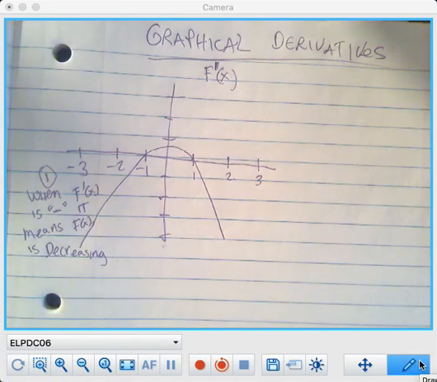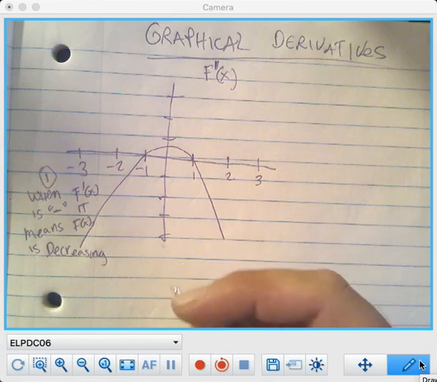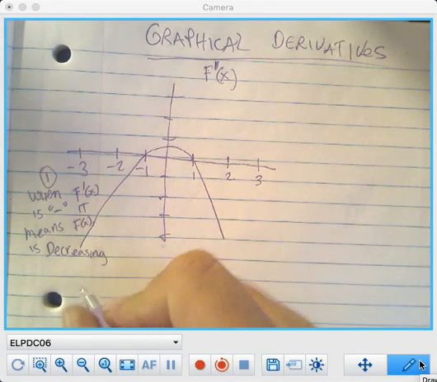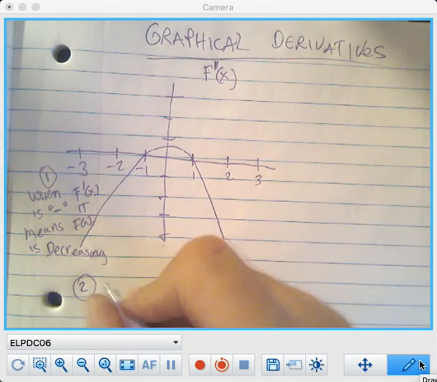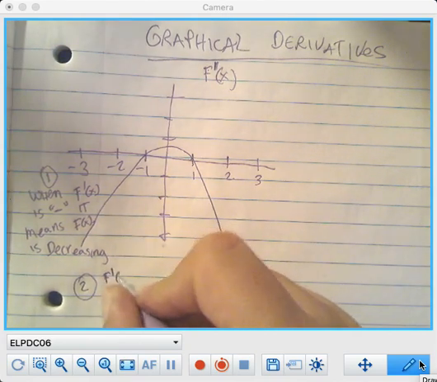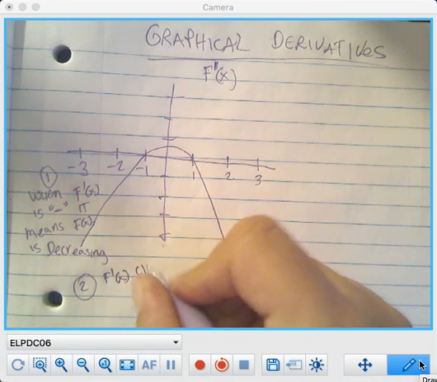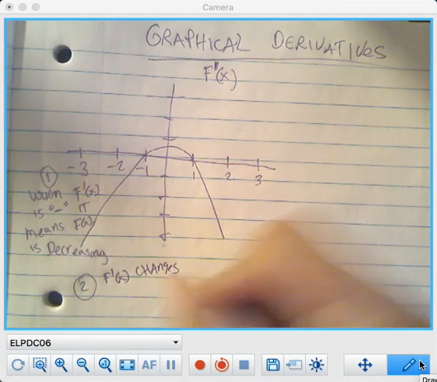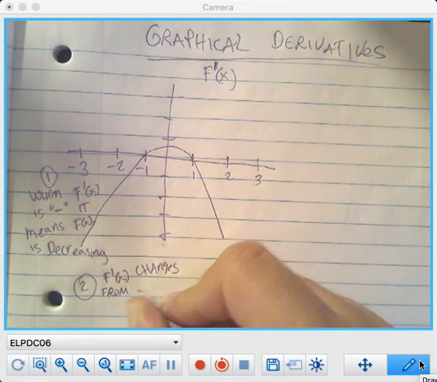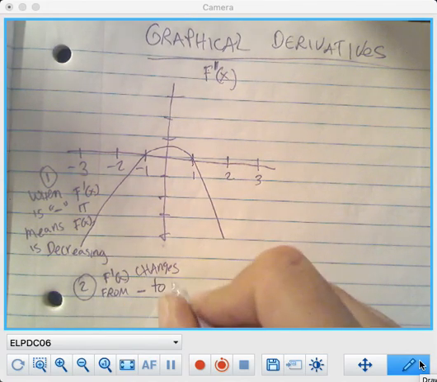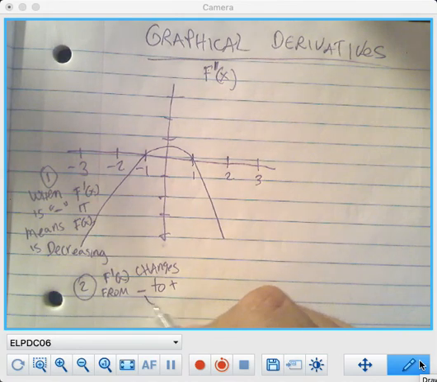Let's see, should I do it like that? Yeah, let's write the whole thing and then I'm going to explain. Okay, number 2, I have it right here on the bottom. I have f prime changes from negative to positive, like this.